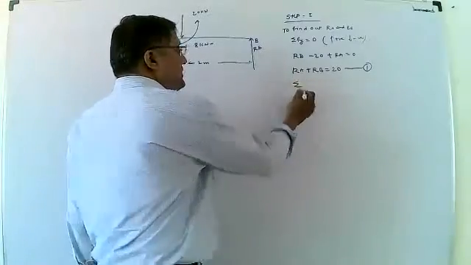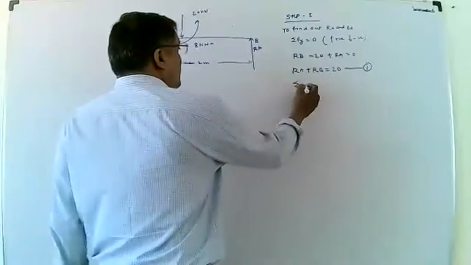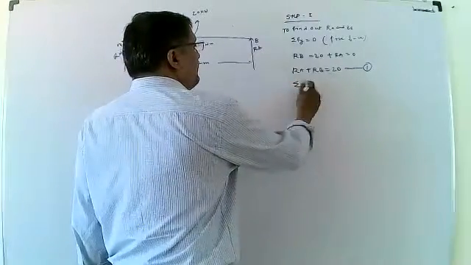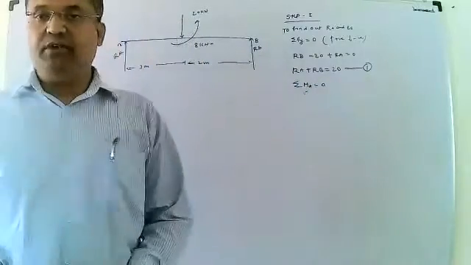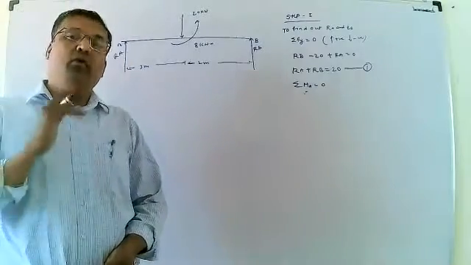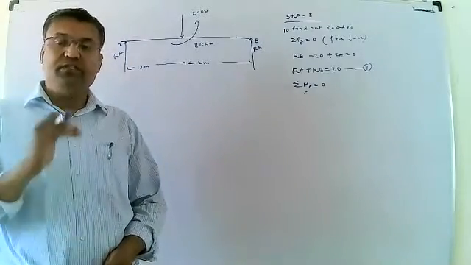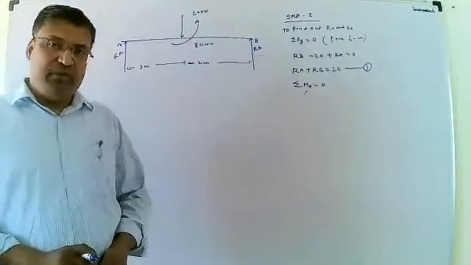Then the second condition of equilibrium, summation of moments about A is equal to 0. What is the meaning of that? The algebraic sum of moments of all forces acting about a fixed point must be equal to 0.